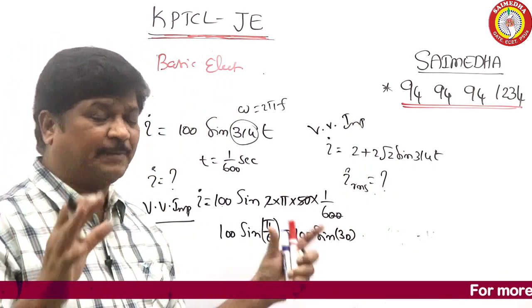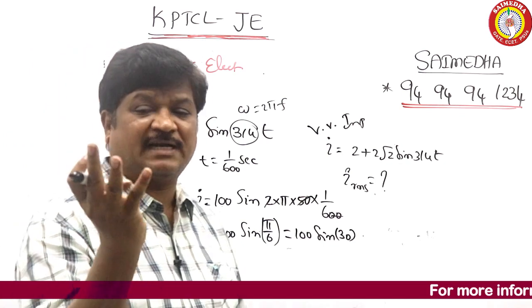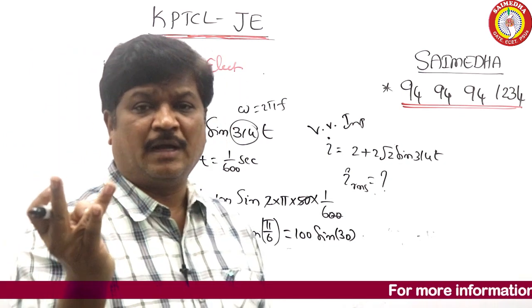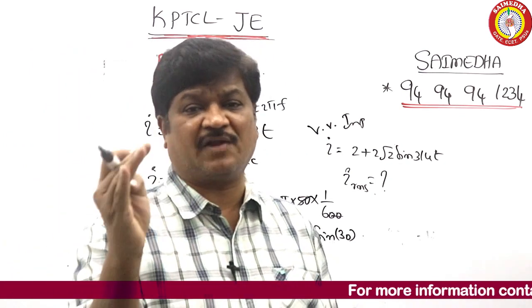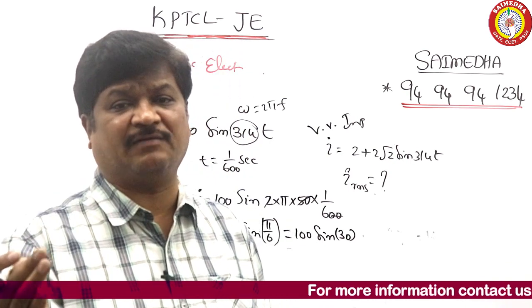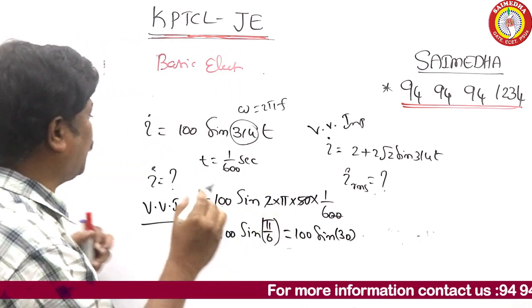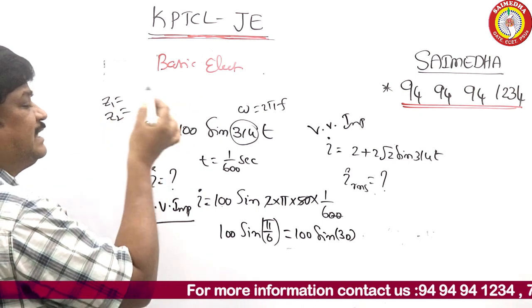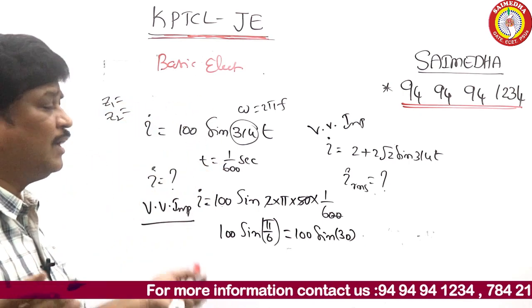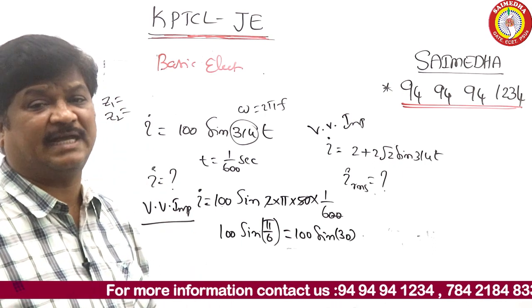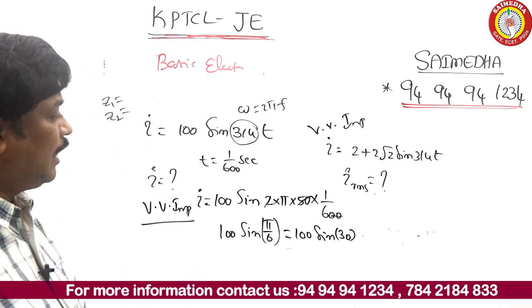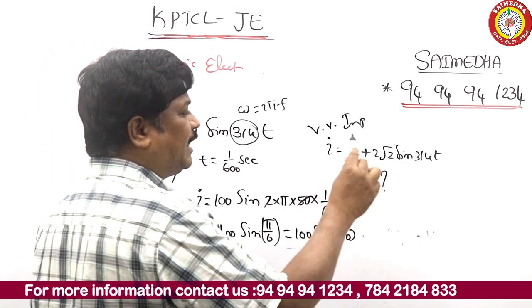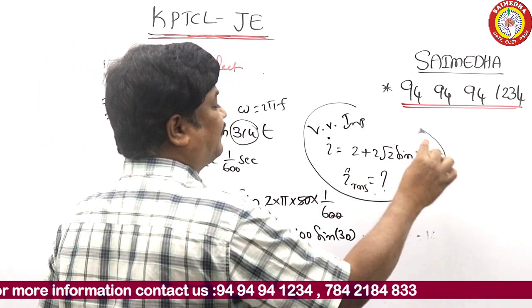So this is the basic point of view: frequency definition, time period definition, and polar form to rectangular form and rectangular to polar form conversions. Sometimes they will ask Z1 is equal to something, Z2 is equal to something, what is Z1 into Z2, Z1 plus Z2. Some questions they will ask from the basic AC fundamentals. This is a very, very important model of the question paper from the AC fundamentals.